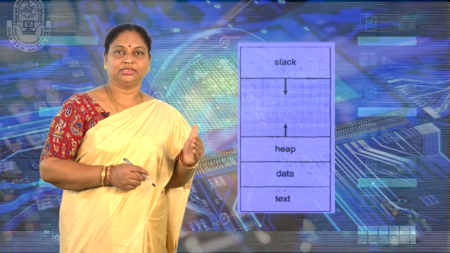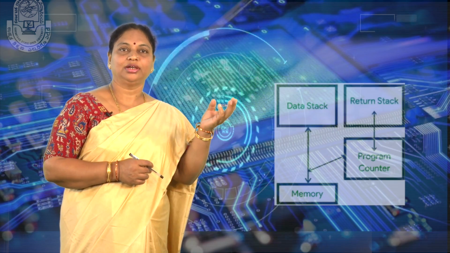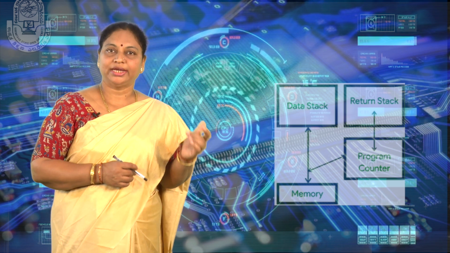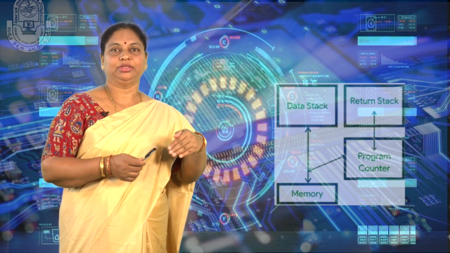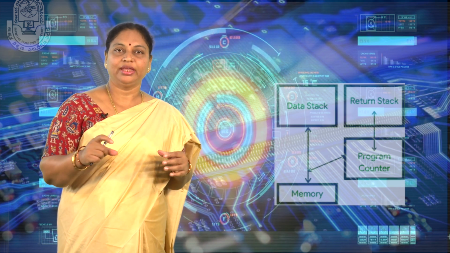A process generally also includes the process stack. So along with the text area and the contents of the CPU registers, we have the stack also. What does this stack contain? It contains temporary data such as parameters that we pass to functions, the return address from the subroutine or function, and also the local variables.